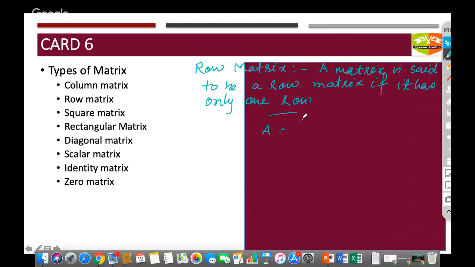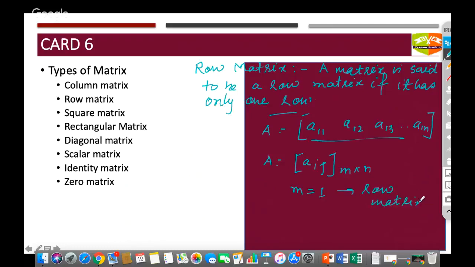In case of row matrix, I'll write something like this: A11, A12, A13 till I write A1n. Any general matrix would be written like that, aij, m into n. If m is equal to 1, it becomes a row matrix. So I'll write it as A is equal to aij, 1 into n. If you write it, you get full marks for this.